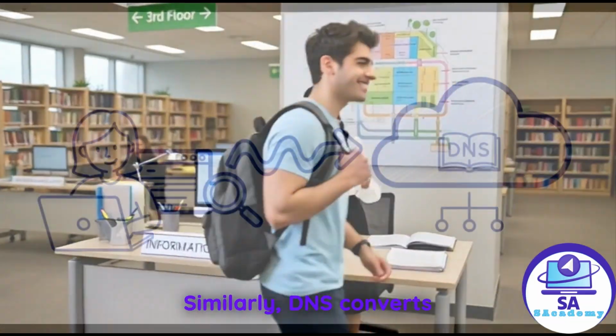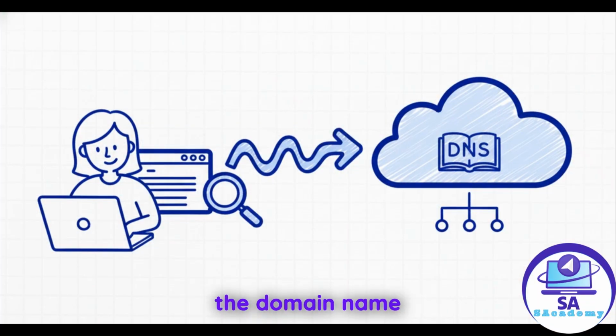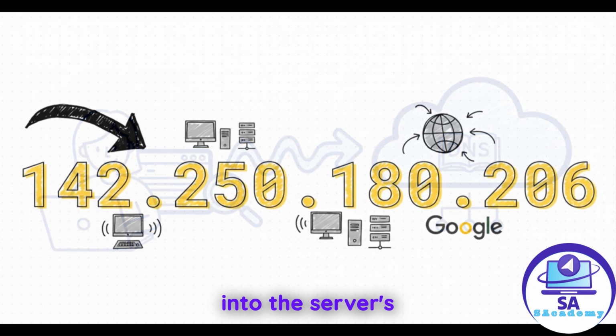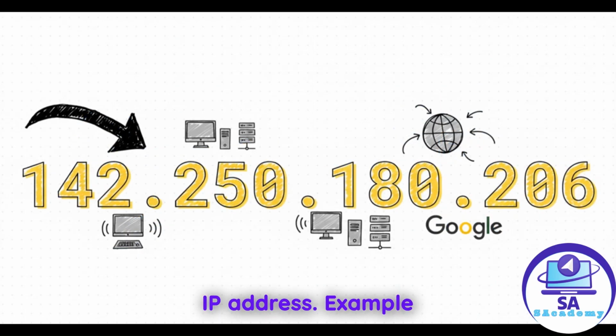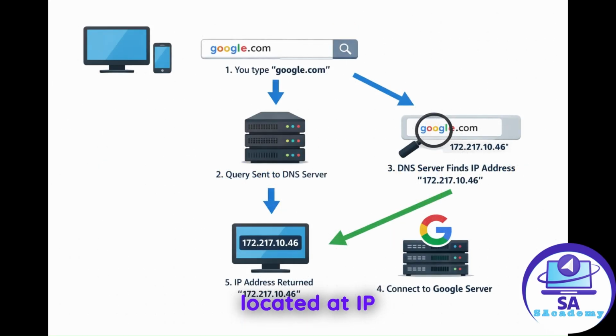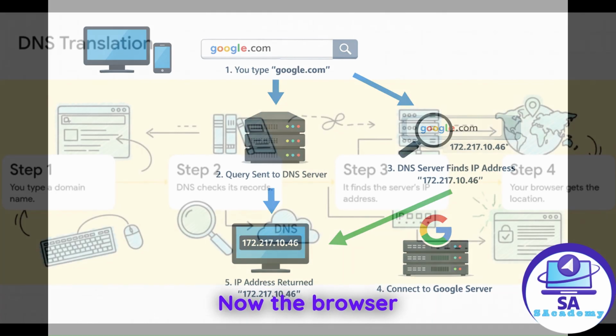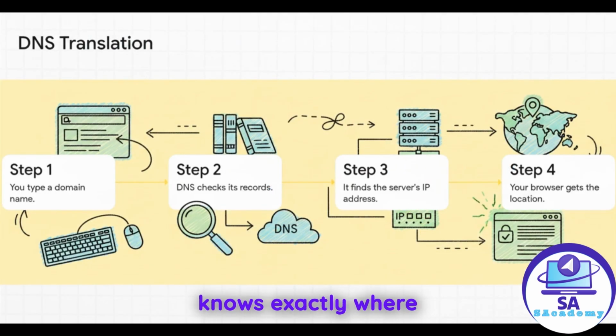Similarly, DNS converts the domain name into the server's IP address. Example, google.com is located at IP address 142.250.180.206. Now the browser knows exactly where the website server is located.